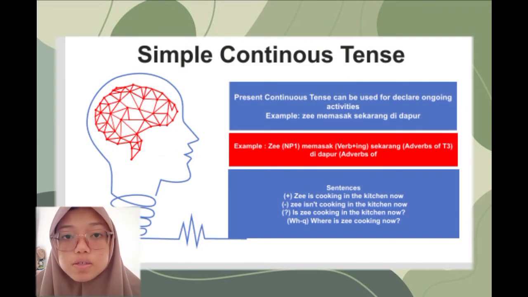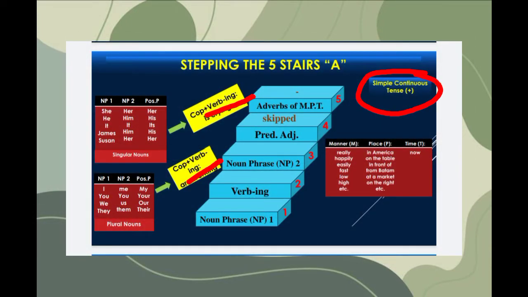Simple continuous tense. Present continuous tense can be used to declare ongoing activities. Example, Z memasak sekarang di dapur. For example, Z in P1, memasak verb, sekarang adverb of time 3, di dapur adverb of place. Next, simple continuous tense uses the verb plus ing.